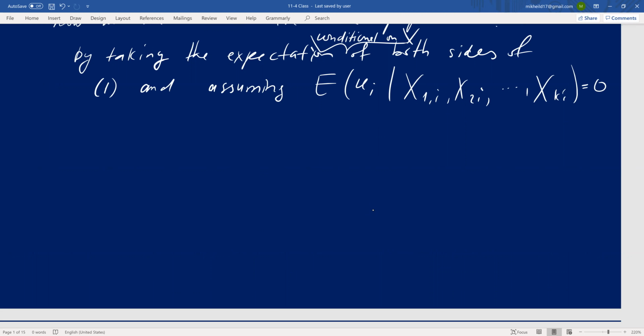And exactly for that reason, we are trying to get the best possible estimate of the population regression line. And the estimate is the sample line, right?